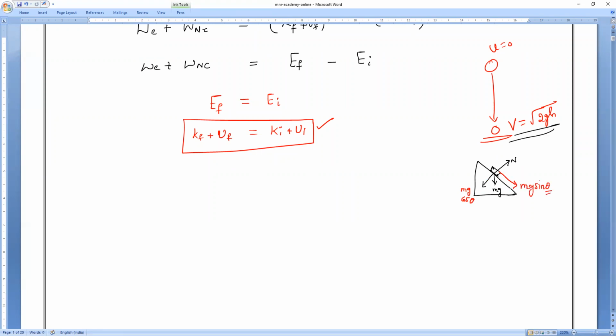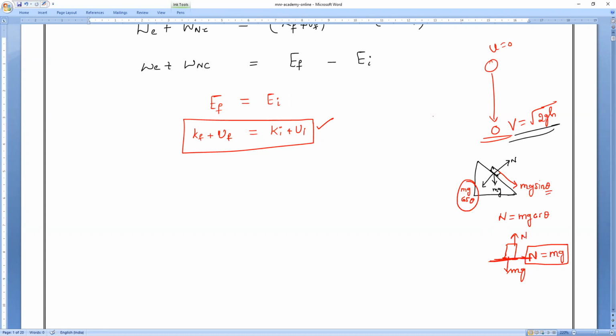You all remember that? On a normal flat surface, the normal reaction N is equal to mg. Is everybody clear? If it is on an inclined surface, the normal reaction is equal to what?